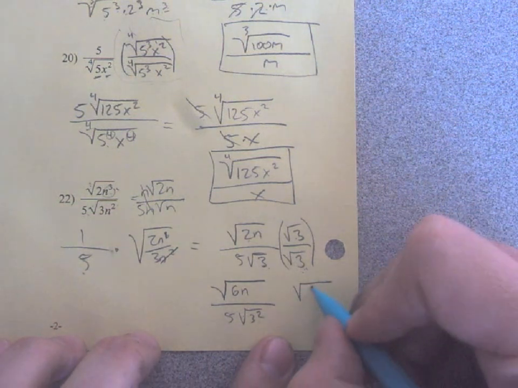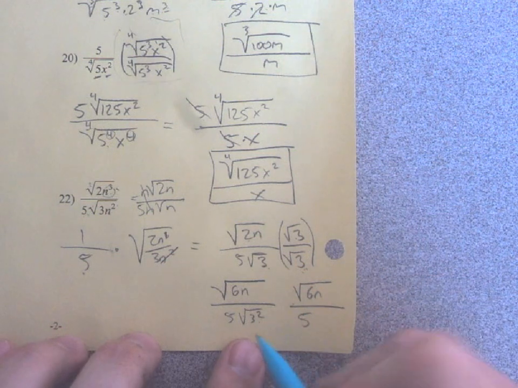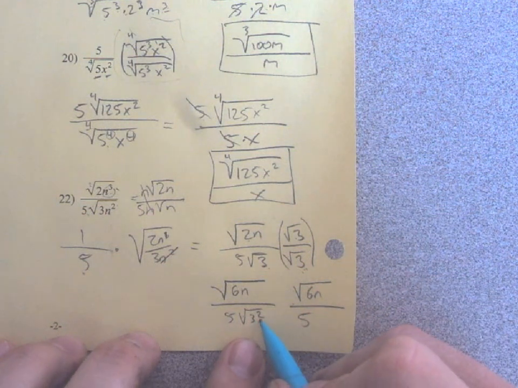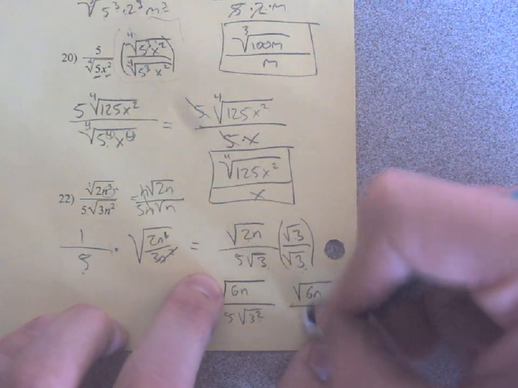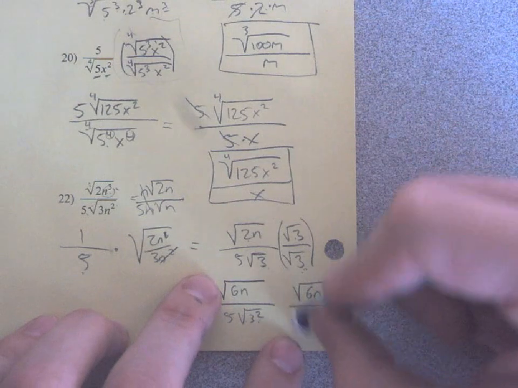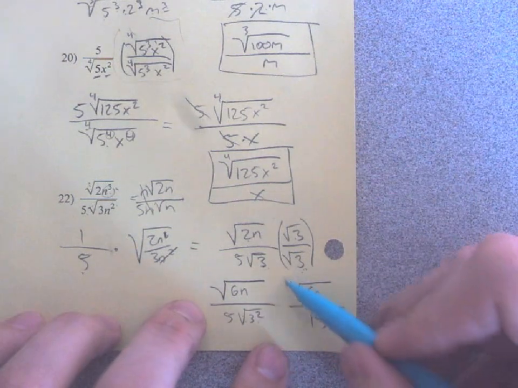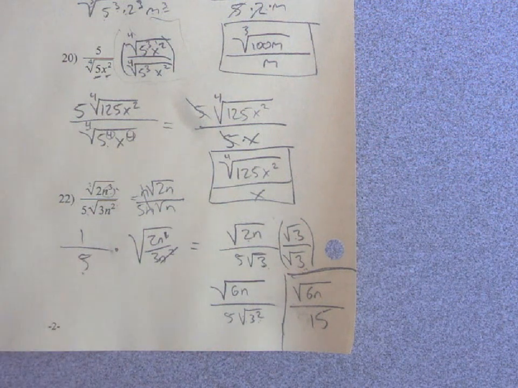So I got the square root of 6n over 5 times just a regular 3, when this 2 and this 3 cancel. And I'm just going to do 5 times 3, that's 15 there. Okay, so we can't really cancel anything else out, and looks like we're good on there.